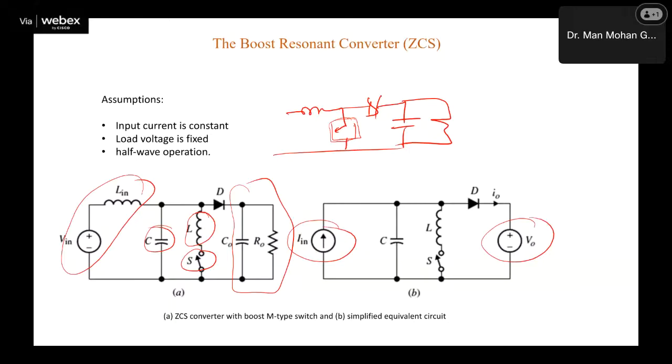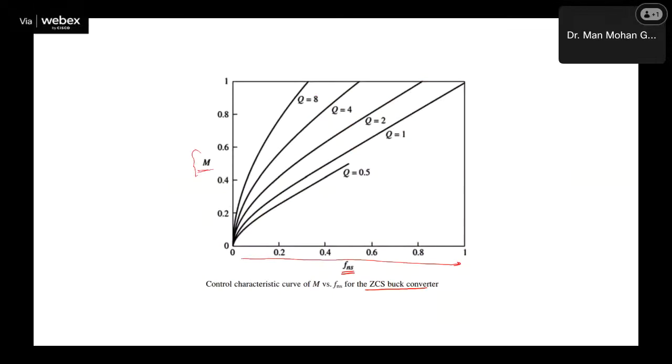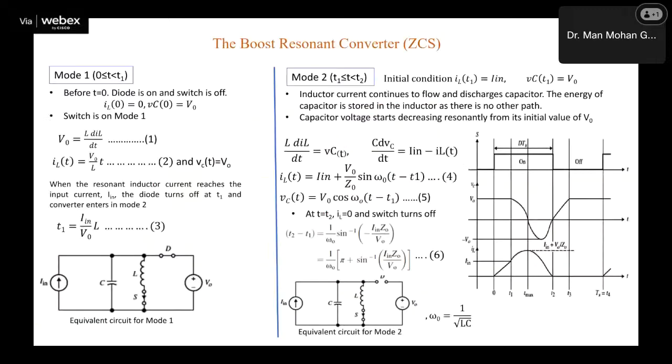Now once this circuit is obtained, considering same assumptions, input current constant, load voltage fixed, we can easily simplify this circuit also, ZCS.